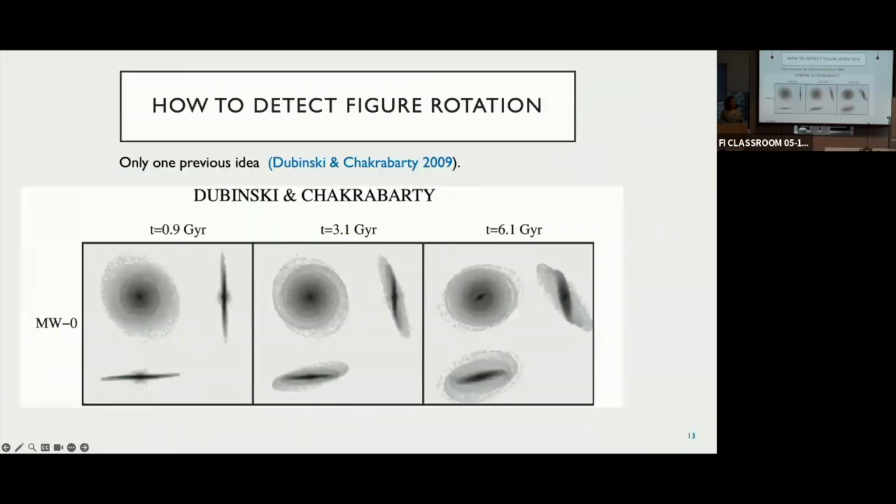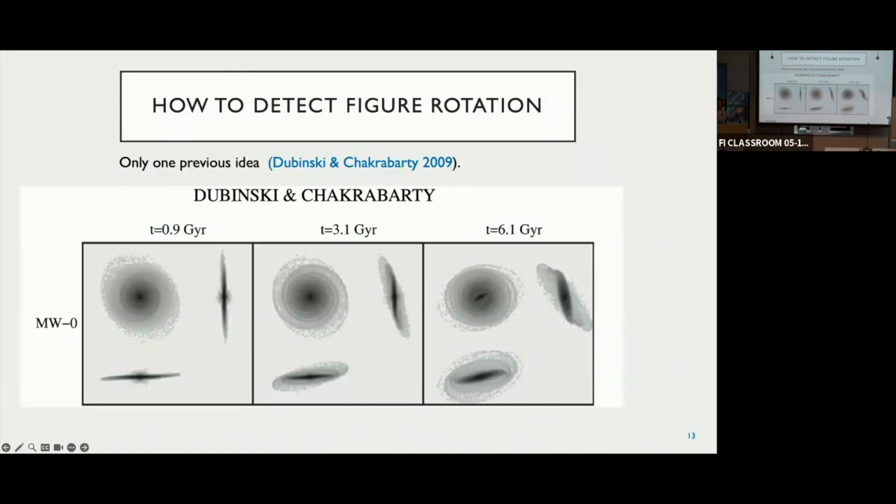So there has been some previous work trying to see if you can detect figure rotation, and the idea was to use the fact that if you have a disk which may be misaligned with the halo, and the halo has a slightly different rotation axis, it could produce warps. This is work from Dubinsky and Chakrabarty from 2009.